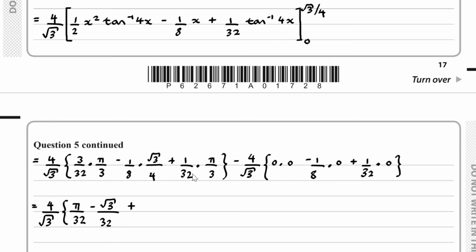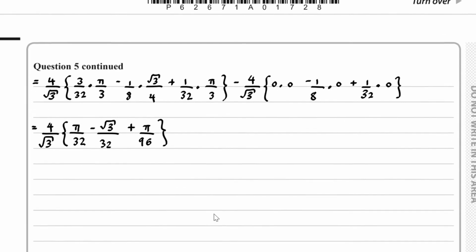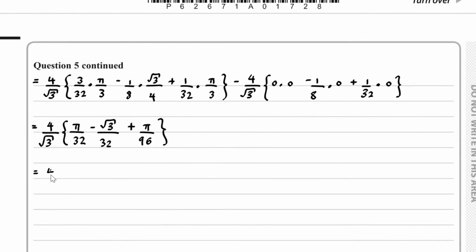And then we've got plus pi over 96. So now we need to tidy all of this up even further. So if we do that, we've got 4 over root 3 multiplied by, if we tidy this up, we've got pi over 24 minus root 3 over 32.